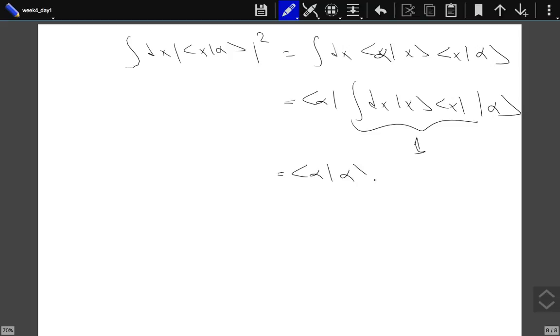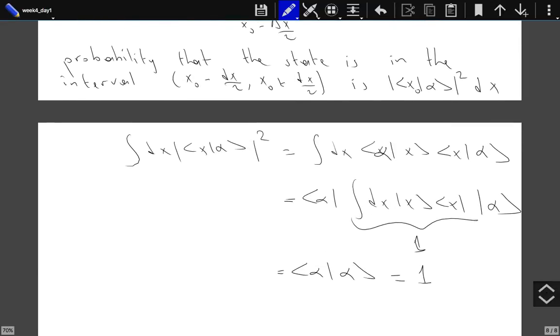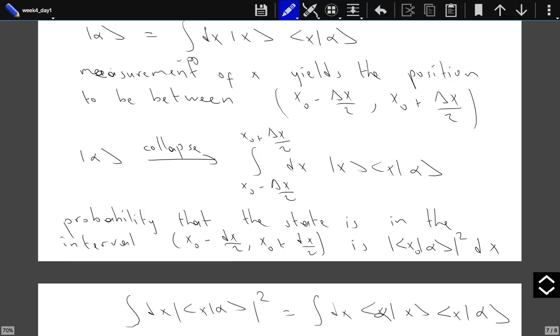This is <alpha|alpha>. This is just 1. So if we interpret this amplitude squared as the probability density, its integral is 1, as it should be, since the total probability is 1. The probability that this object is within a given interval is nothing but the density multiplied by the interval, if it is an infinitesimal interval. If it's a finite interval, then you have to integrate this over.